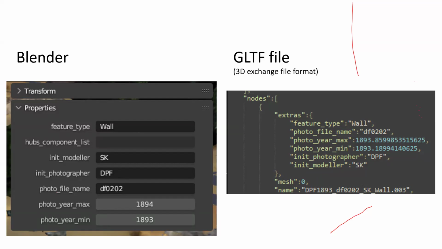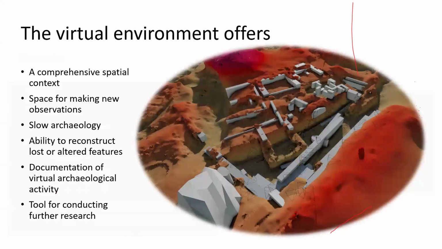So if you're sharing this, and people are reading this file, and if you develop other viewers that display this 3D model, they can see for each wall what the metadata is that we recorded while doing this virtual archaeology excavation. So we're nearly there.